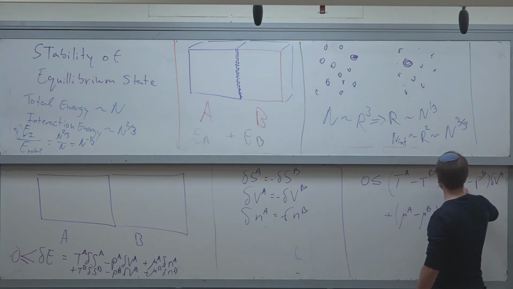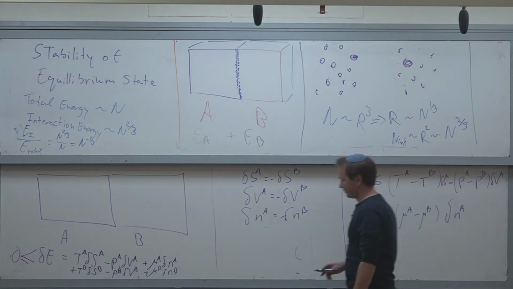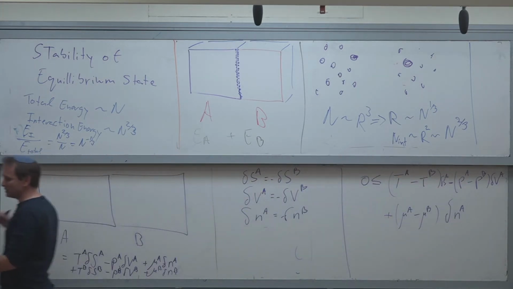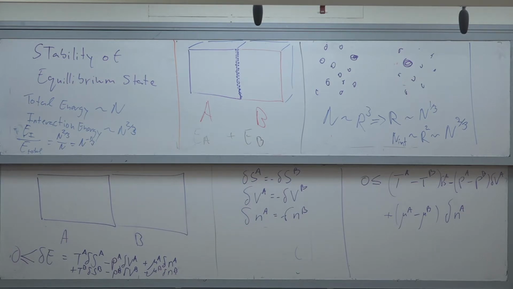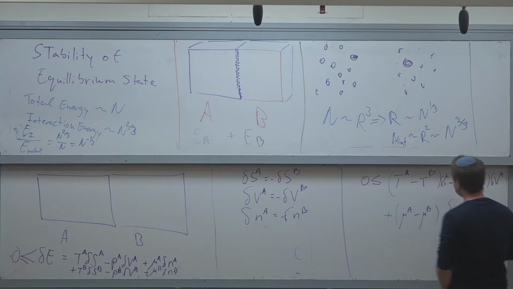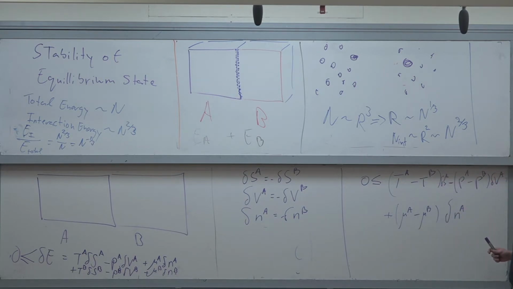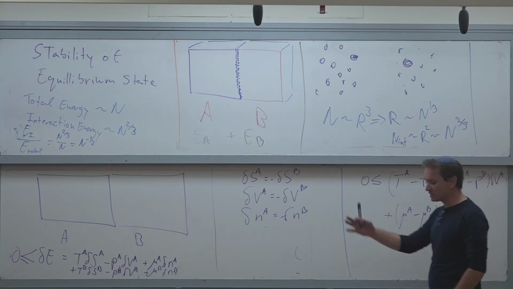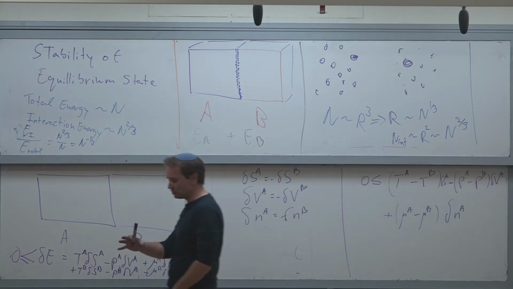Here is a minus sign over here. This is always positive. When can this happen? Delta S_A is arbitrary, delta V_A is arbitrary, delta N_A is also arbitrary. I impose something, but I can control those small changes.